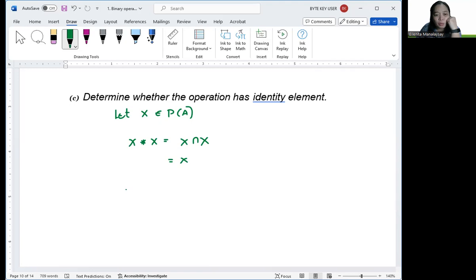Which implies that for all x in the power set of A, x is the identity element.